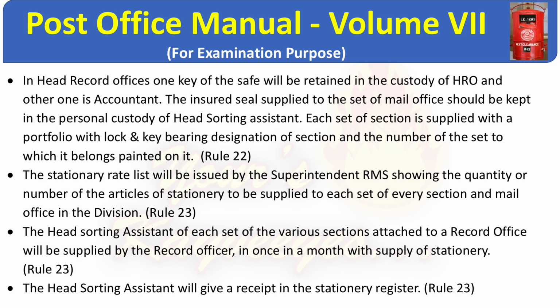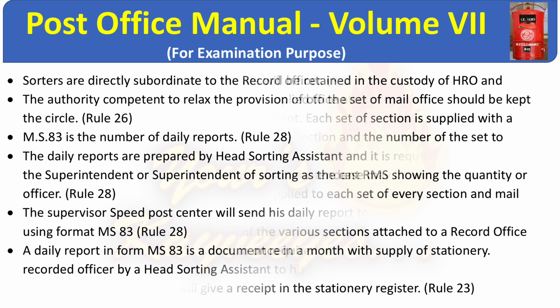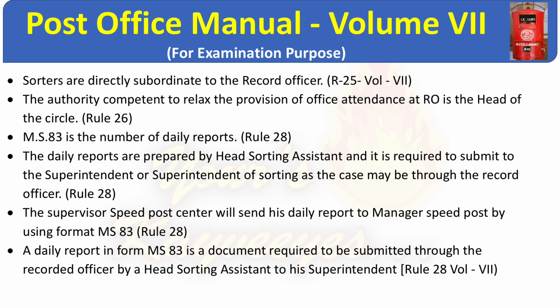The head sorting assistant of each set of the various sections attached to a record office will be supplied by a record officer once in a month with a supply of stationery. Rule number 23. The head sorting assistant will give a receipt in the stationery register. Rule number 23. Sorters are directly subordinate to the record officer.